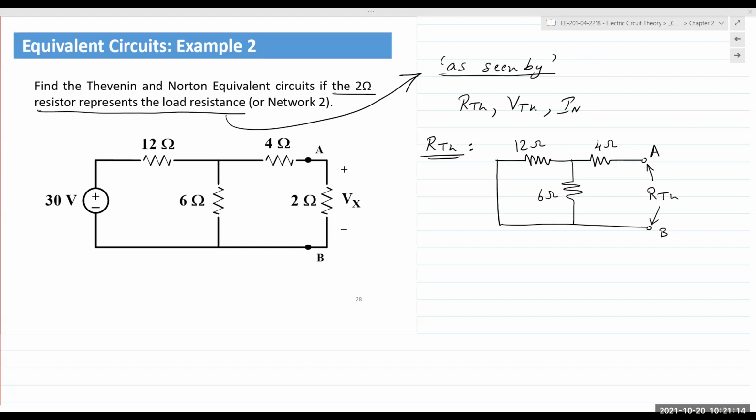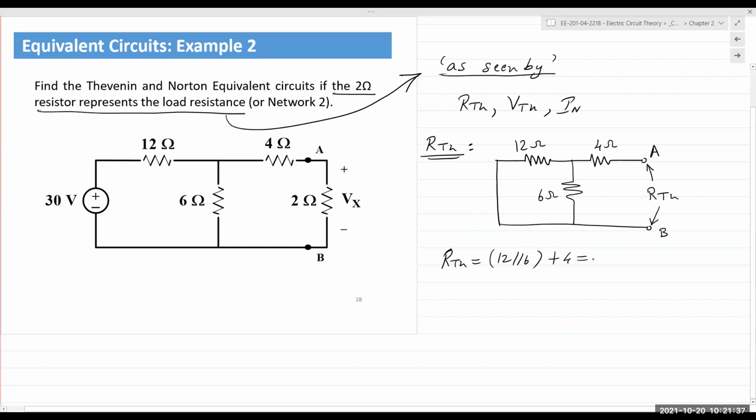So 12 and 6 in parallel, and then that parallel combination would be in series with the 4 ohm resistor. Does everyone see that? So RTH is 12 parallel 6 plus 4.